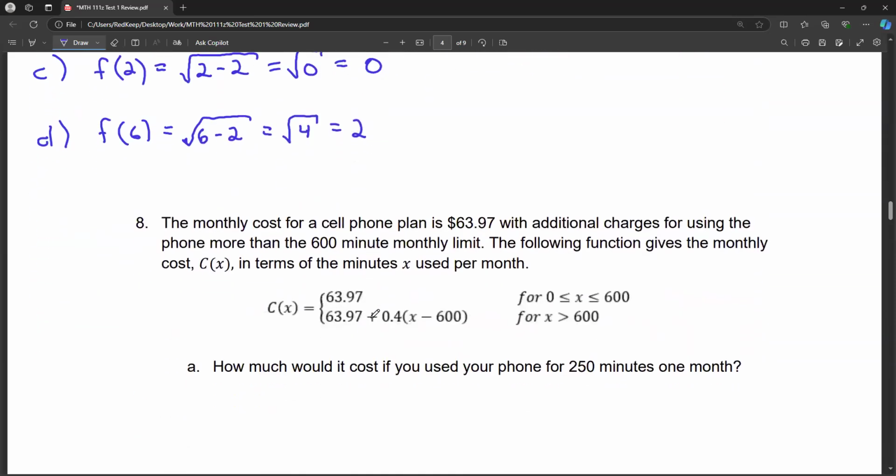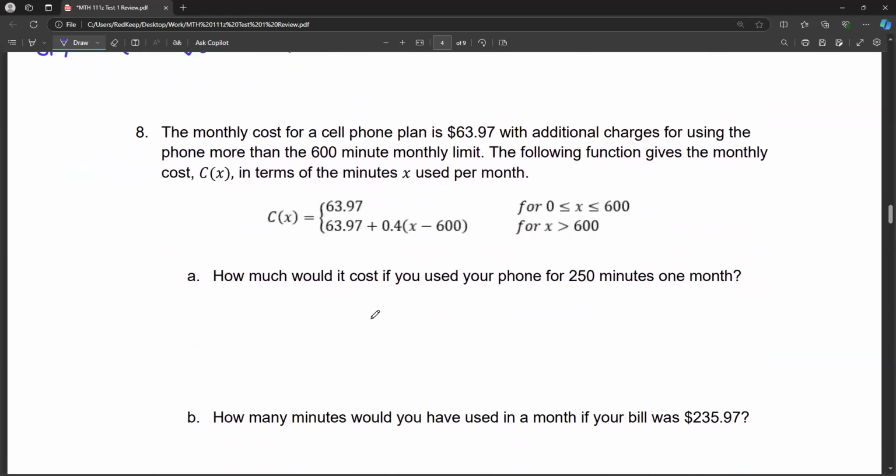We'll move on now to question 8. Question 8 is a story problem talking about a cell phone plan with some additional charges. And they give us this monthly cost function.